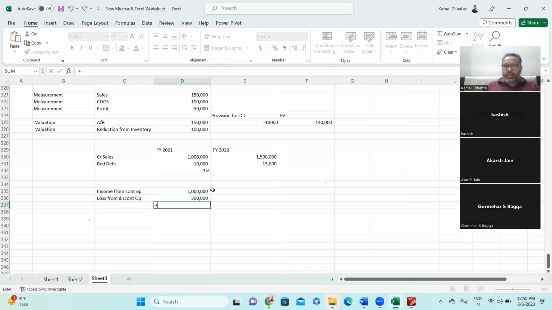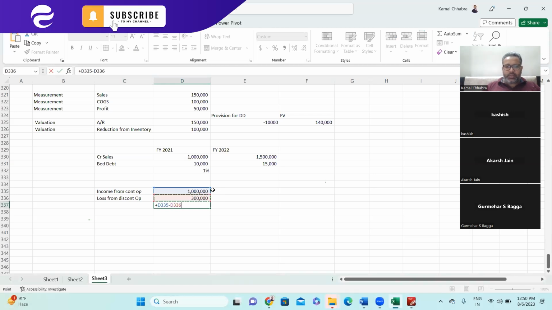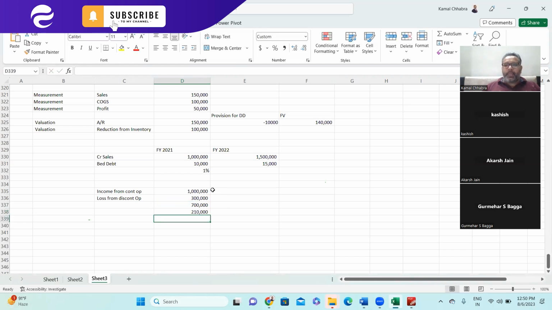So what is your net income? This minus this is equal to this minus this, right? And let's assume 30% is the tax rate. So how much tax liability do you need to pay? This multiplied by 30%, right?